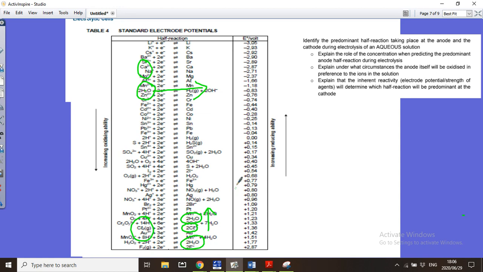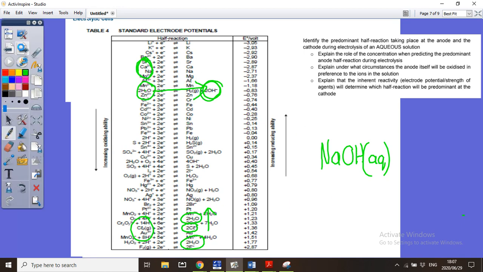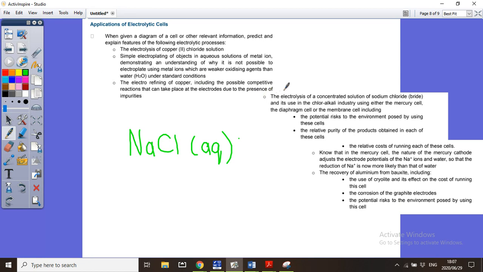Now, the other product, you will see here, I formed some OH minuses and I had my Na plus ion swimming around. So I actually form as my third product NaOH, which is still a solution. And that gives me my three products, hydrogen gas, chlorine gas, and sodium hydroxide. But you need to go and look at the videos of those three cells in detail and make sure you know which one is the best and which one is the worst.